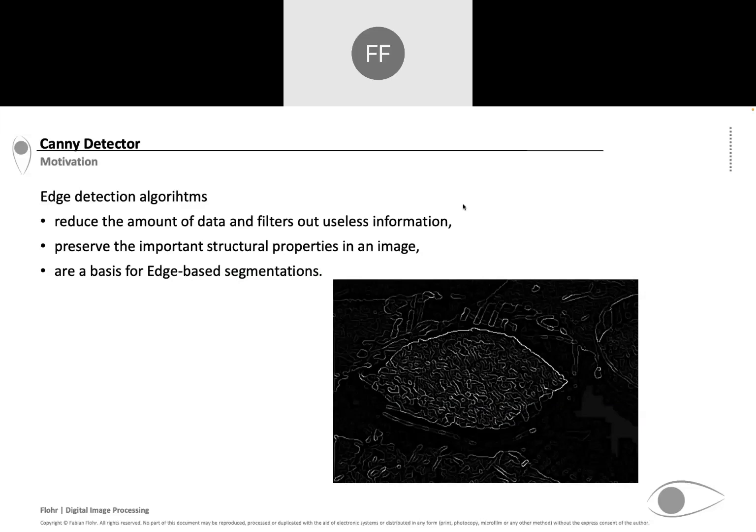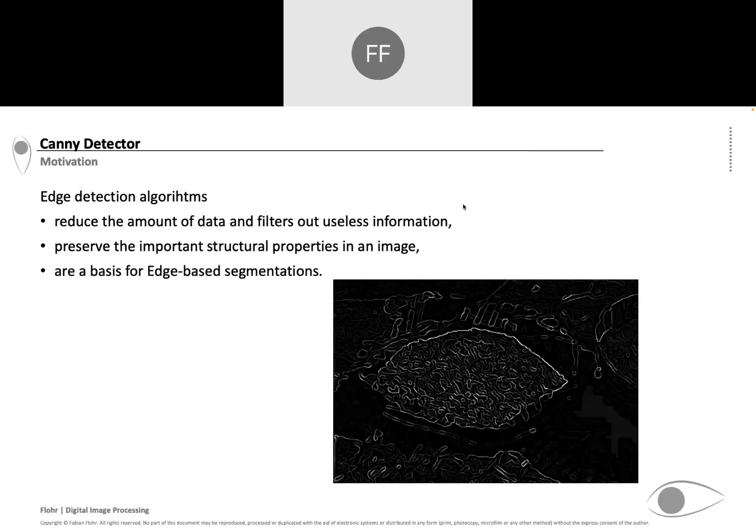If you can extract the edges, then you have the major part of the information which could potentially describe objects or other important parts of the image quite well. You preserve the most important structural properties normally. You could also lose something, but if you do it right and if your object is clearly separable from the background, then you can preserve the structural properties.